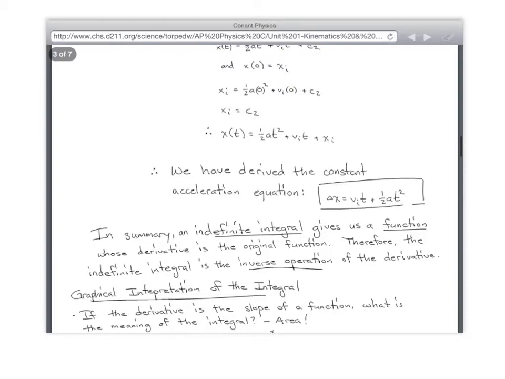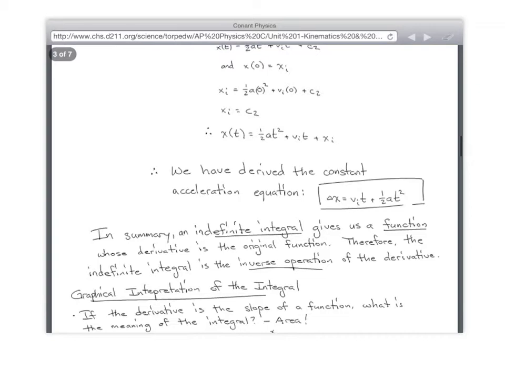Okay, let's step back one further. How do you calculate a slope? Isn't slope fundamentally a process of dividing two numbers? So you're dividing something on the y-axis divided by something on the x-axis, right? You're dividing rise divided by run, right? What's the opposite of dividing? Multiplying. Rise times run.